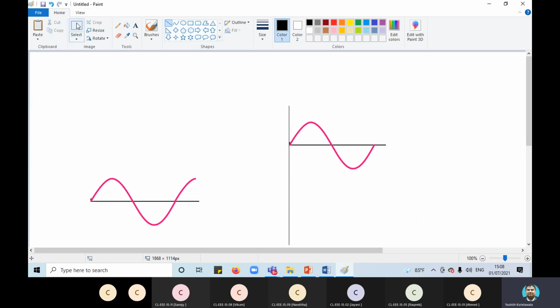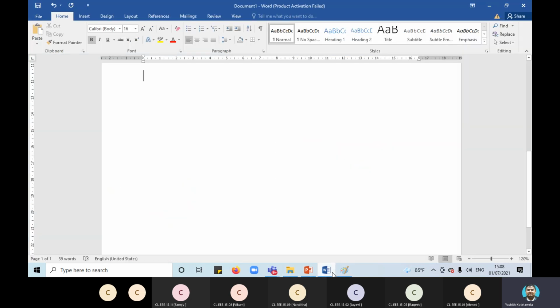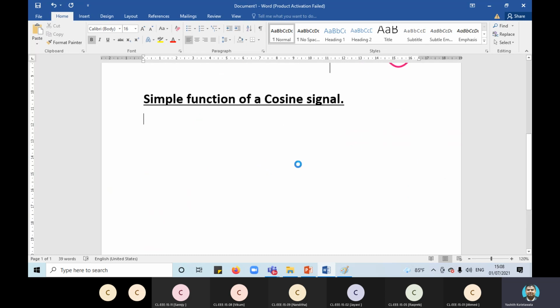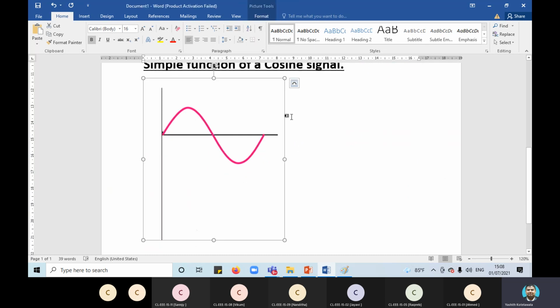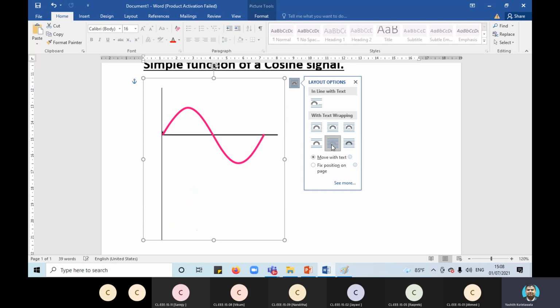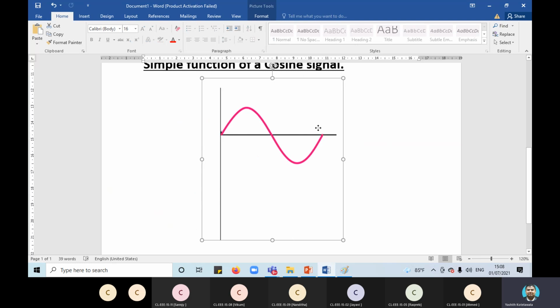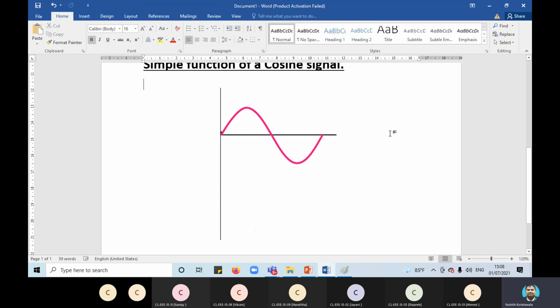Right. So let me take this. First, we have to be clear with what's a sine function, right?